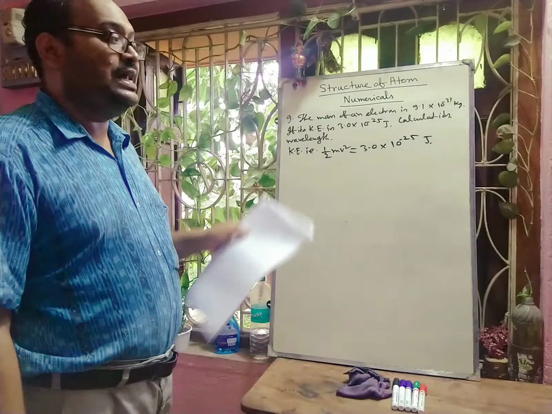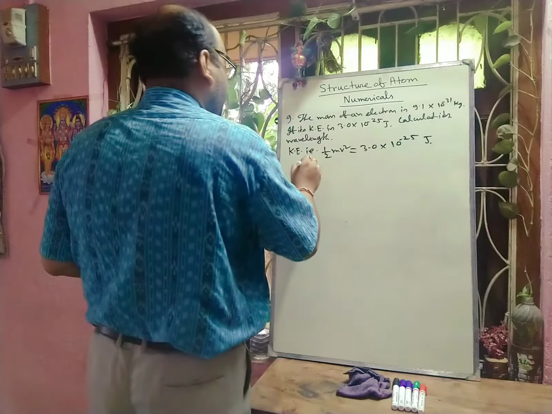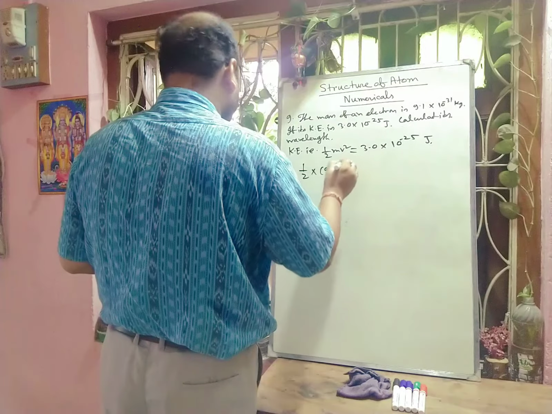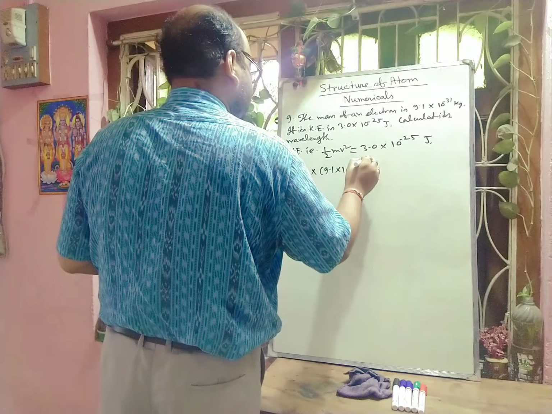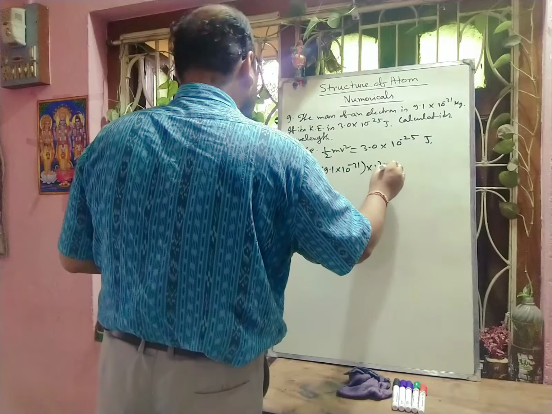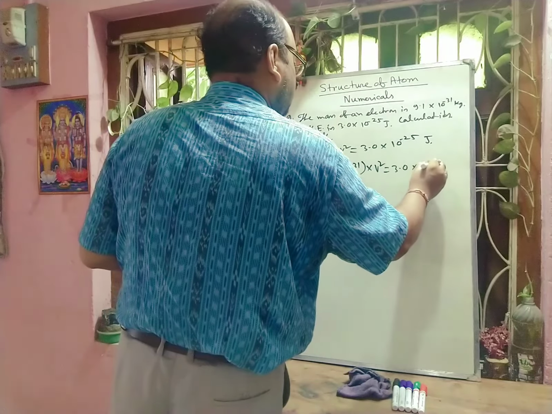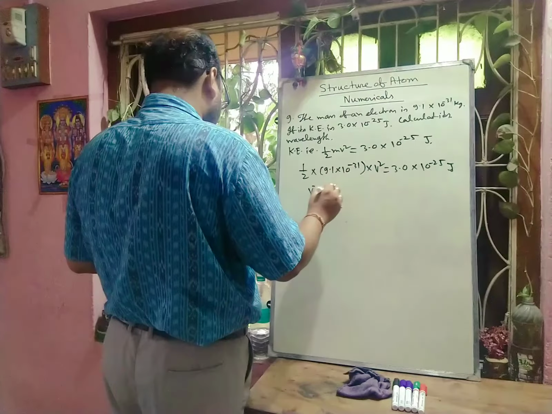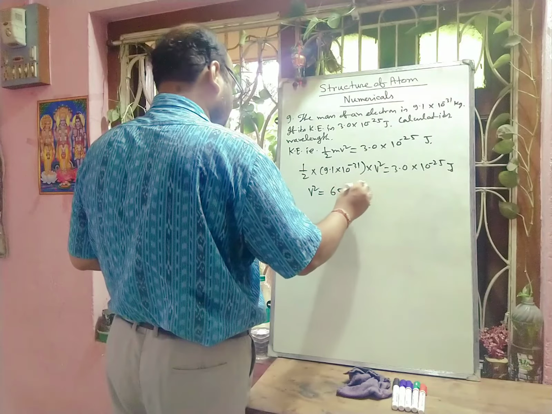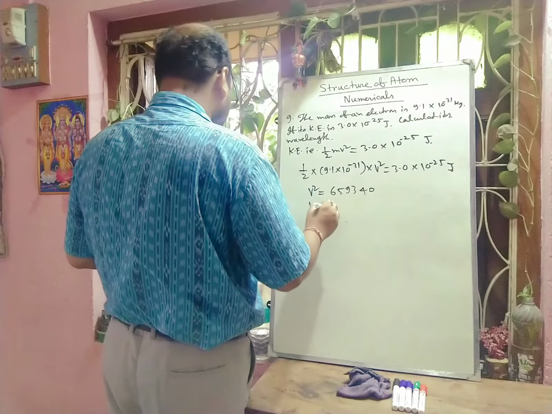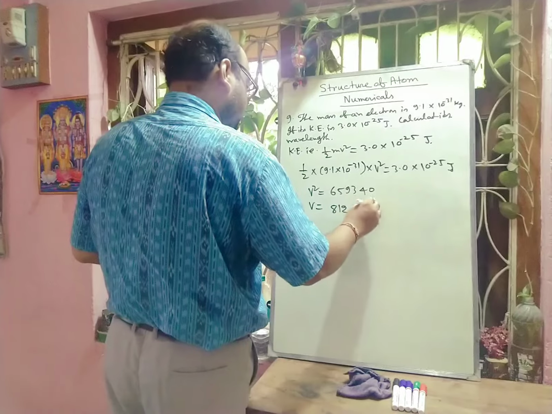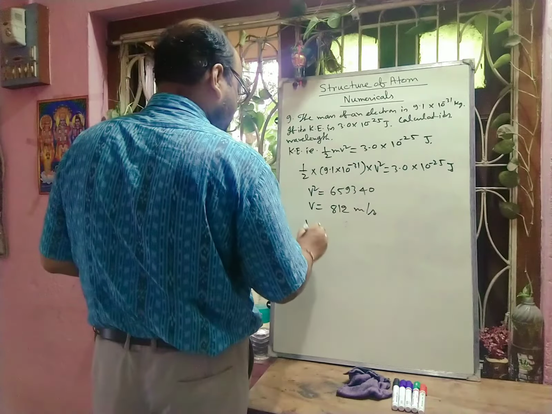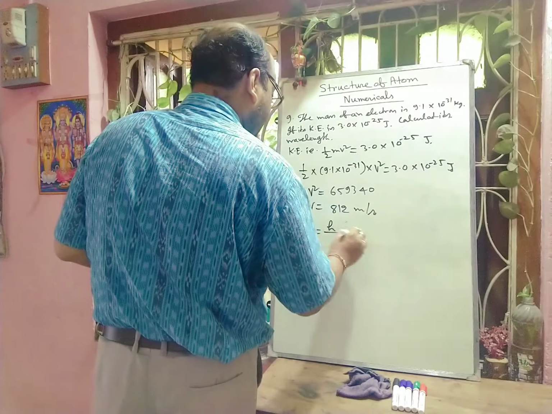So from here we have to calculate the v. Half the mass of the electron, that is 9.1 into 10 to the power minus 31 kg, into v square is equal to 3.0 into 10 to the power minus 25 joule. If you calculate v square, you will get 659,340. If you calculate v, you will get 812 meter per second. Now we will put the de Broglie wavelength equation, lambda is equal to h by mv.